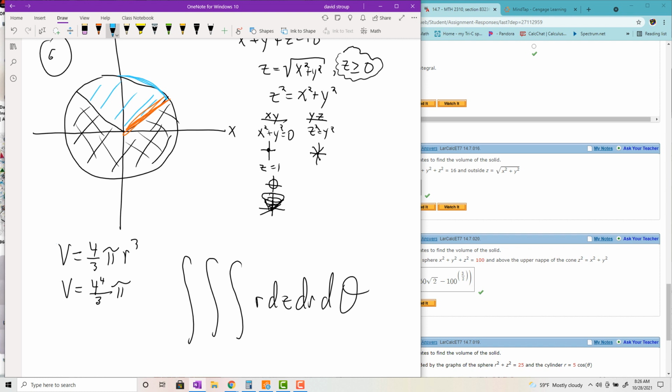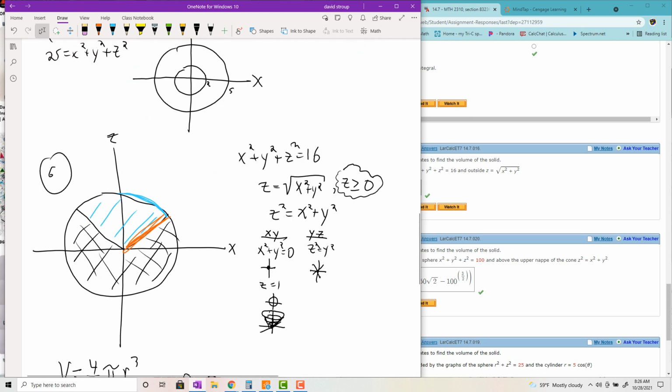This upper surface: the lower surface is the cone, and the upper surface is the sphere. To put it into polar coordinates, you just use your simple conversion formula: x squared plus y squared equals r squared. The lower curve is sitting right here.